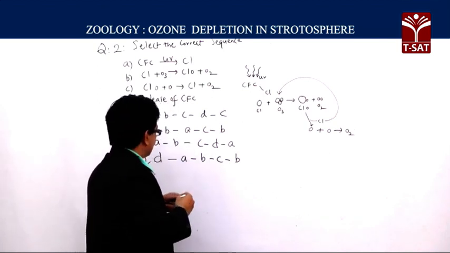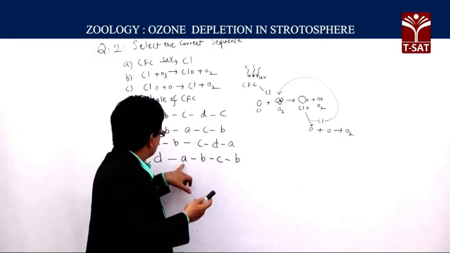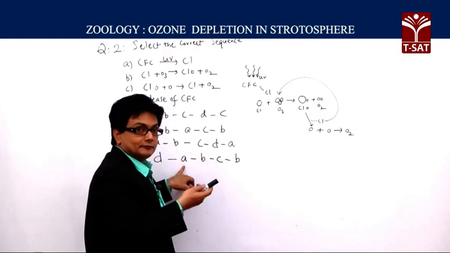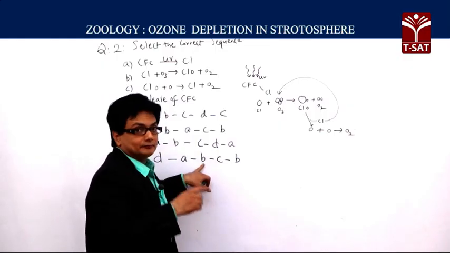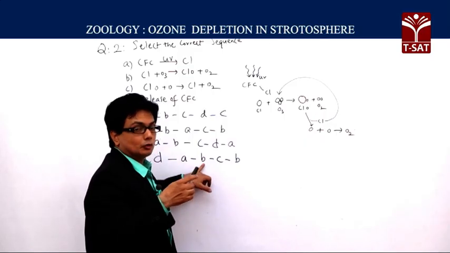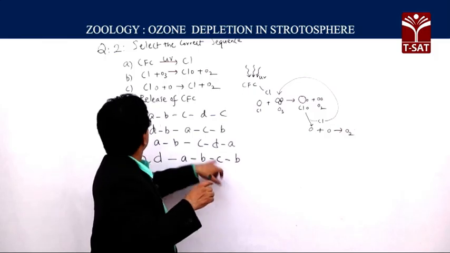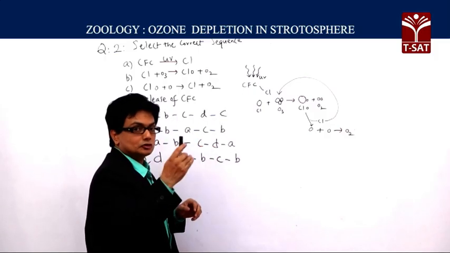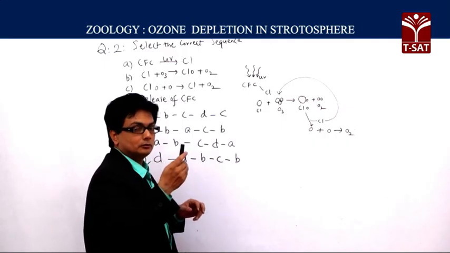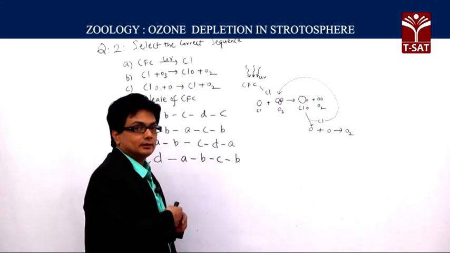Look at the sequence. D, release of chlorofluorocarbons, and A, CFC giving off the Cl, then B, Cl reacting with ozone giving the chlorine monoxide and oxygen, again C, ClO losing its O, and the oxygen atoms combine to form O2, and the Cl is again ready to continue its activity.